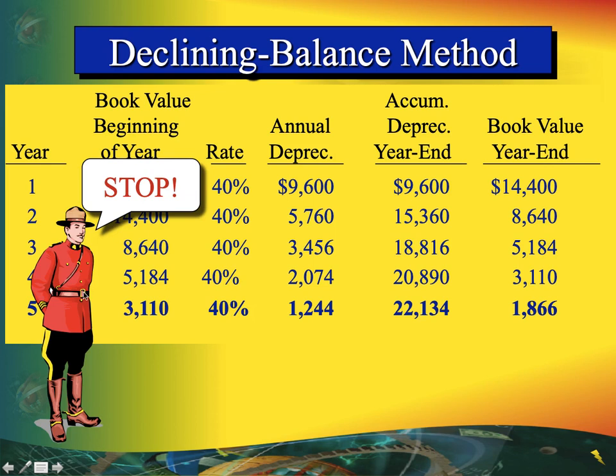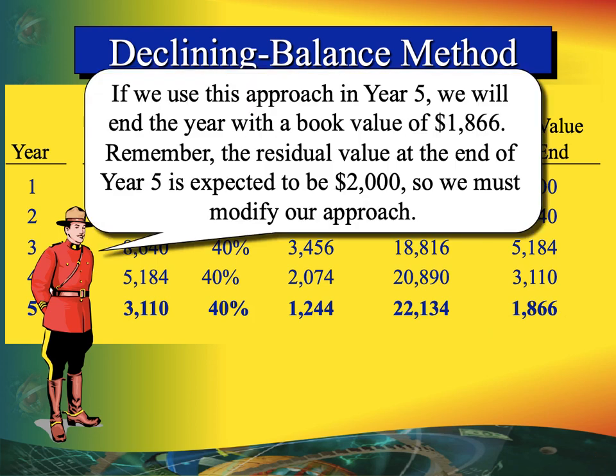Okay, but you have to stop here. Why? Because the book value here is only 1,866. If we use this approach in year 5, we will end the year with a book value of 1,866. Remember, the residual value at the end of year 5 is expected to be 2,000. So we must modify our approach.